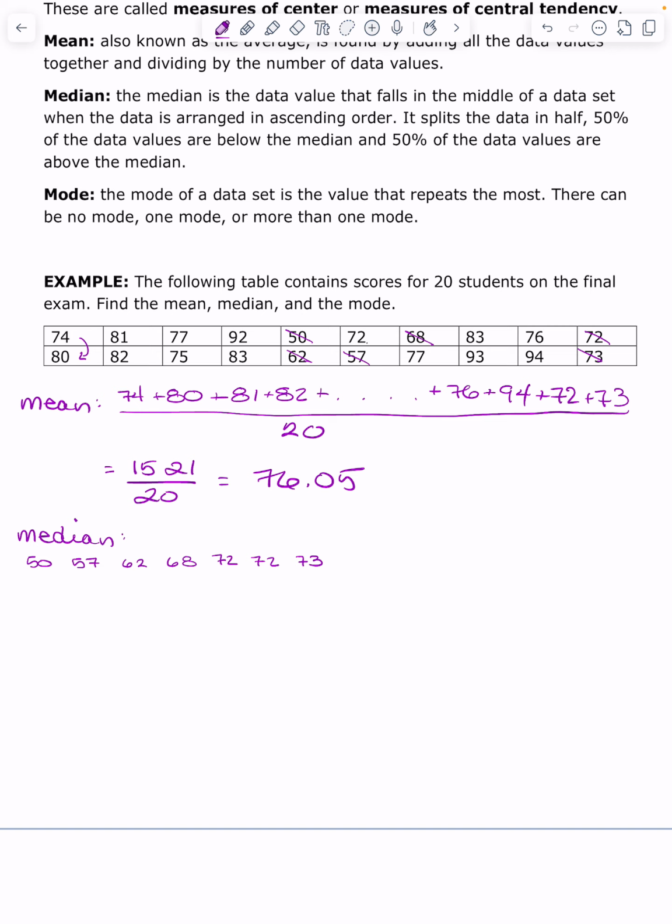Where's my other 72? One, two, three, four, five, six, seven, eight, 9. I got a 76 and 2 77s. And I did not write small enough. 80, 81, 82.